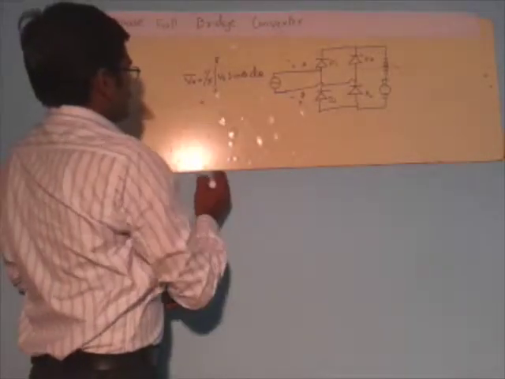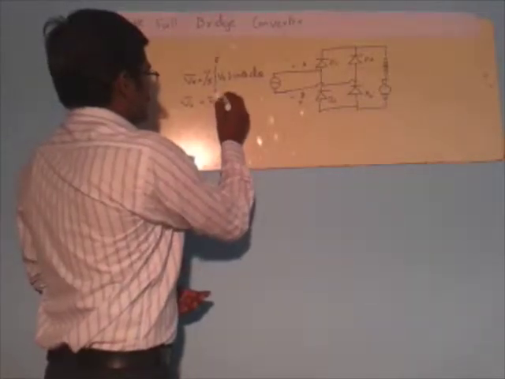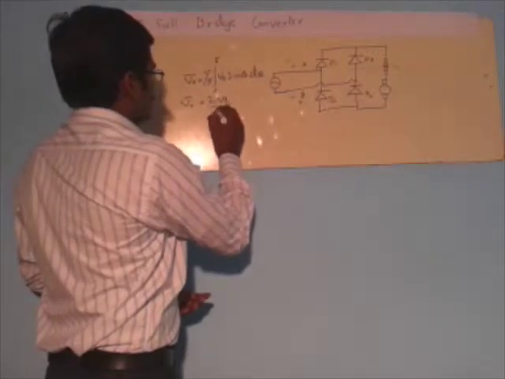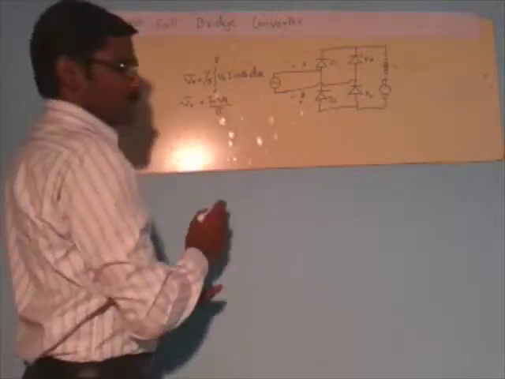It is equal to 2 Vs divided by pi. This Vs is the peak value.